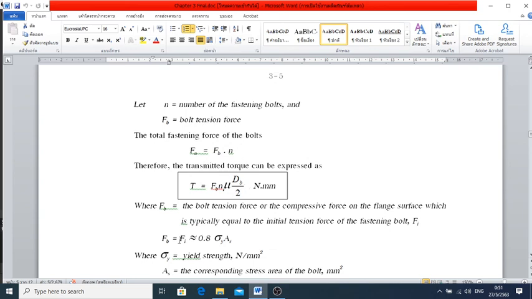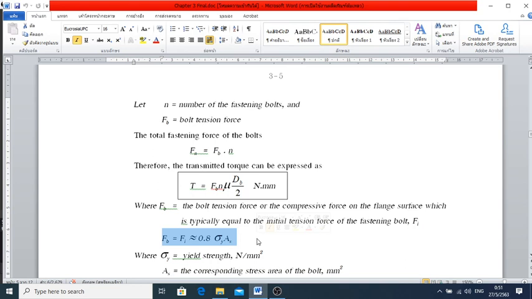So the torque here is in terms of F sub B determined for M20 only. It means you put the wrong bolts to fix it. So if anything happens, such as slight slip on the surface, it means the failure has already happened.